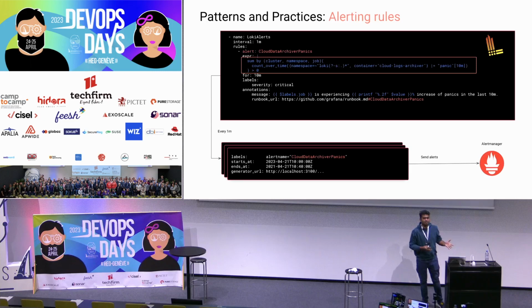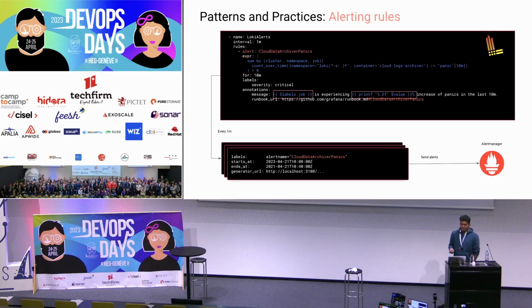Something is wrong, right? That's what this does. The cool thing about this is, since we also have metadata along with your log lines, you can use that metadata in your alerting messages, for example: which application is throwing this panic, how long it's been happening, and what the rate of panic is. So that's what this value means here.